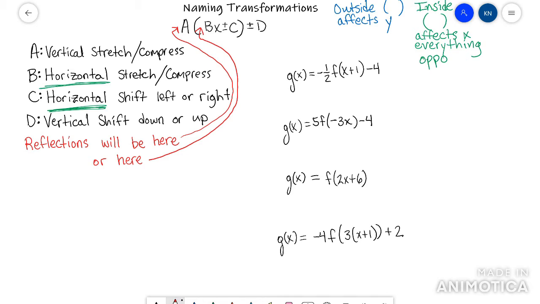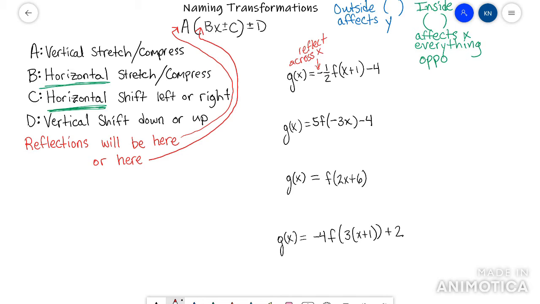Okay. So when I look at this first problem here, first thing I see is this negative out in front. This is a reflection. And more specifically, this is a reflection across the x-axis. Anytime there's a negative in front of that letter A, or where letter A would be, it's going to be a reflection across the x-axis.